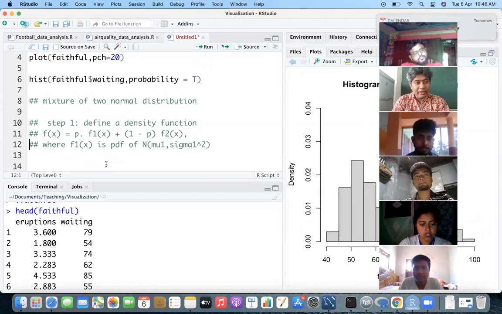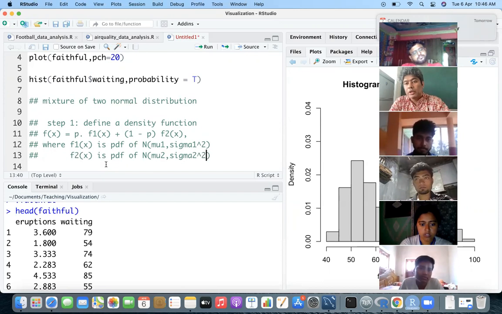Similarly, you can say f2(x) is the PDF of normal mu2, sigma2 square. Okay.